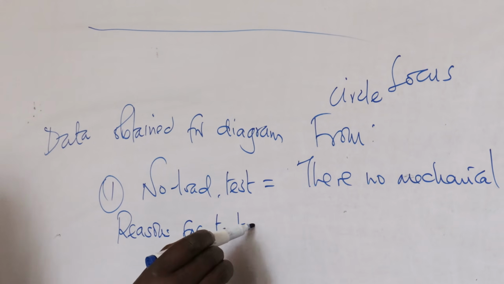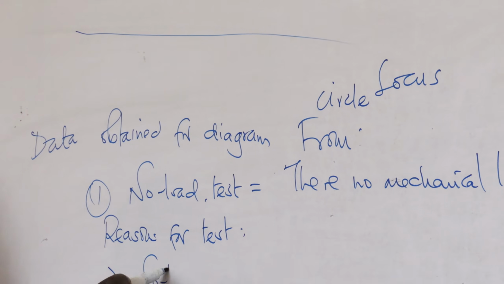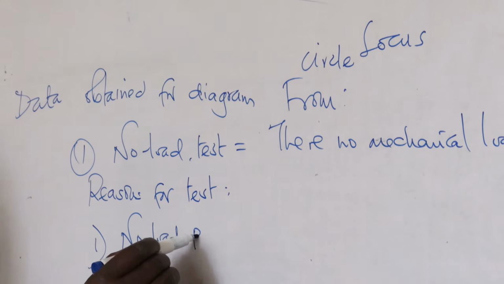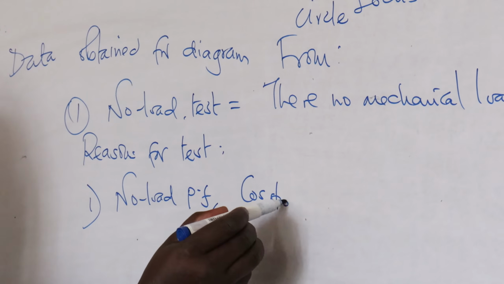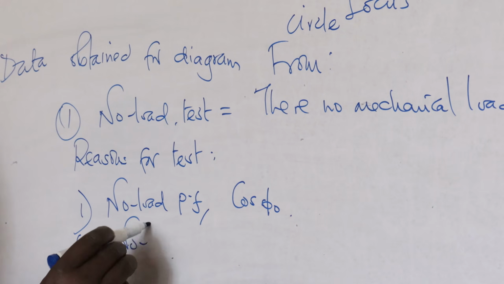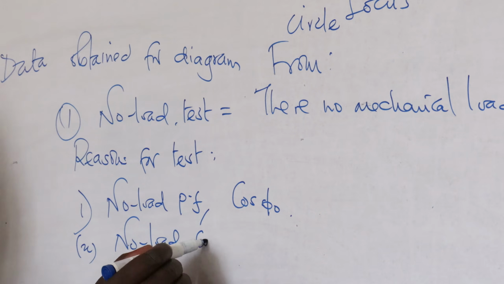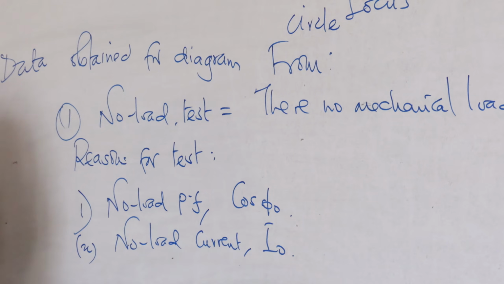for this test is to obtain 1, the no load power factor, which is known as cos phi naught, and 2, the no load current I naught.